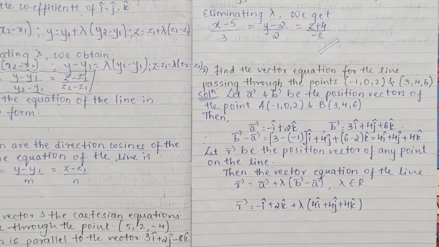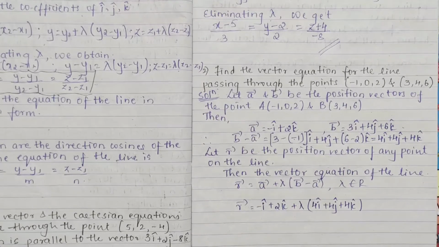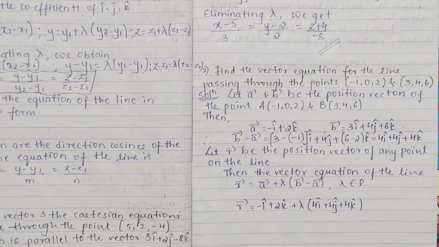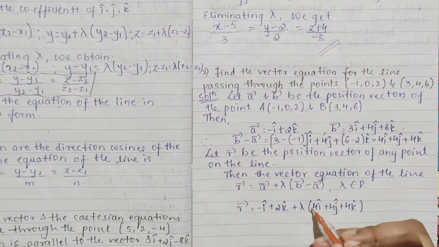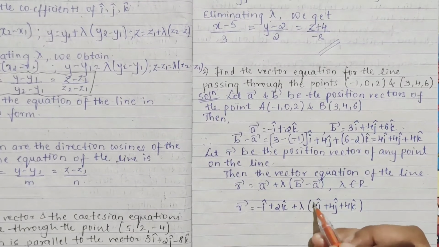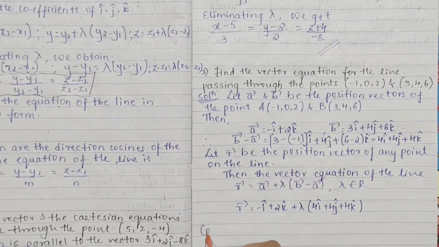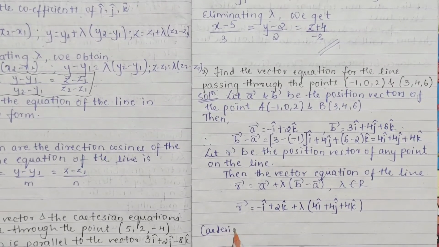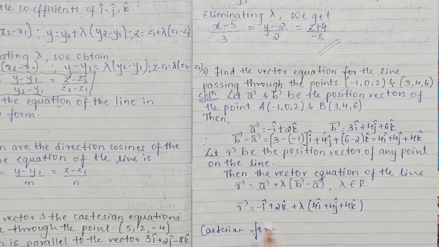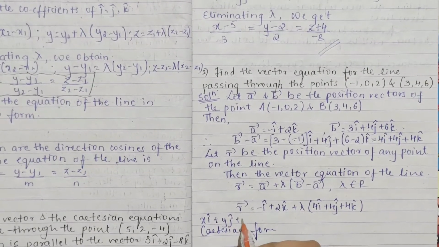The same, if they ask for Cartesian for this. For this, Cartesian is what? (x minus x1) divided by (x2 minus x1). The x2 minus x1 was this only, vector b minus vector a, right? So for Cartesian form, you have to write x i cap plus y j cap plus z k cap.